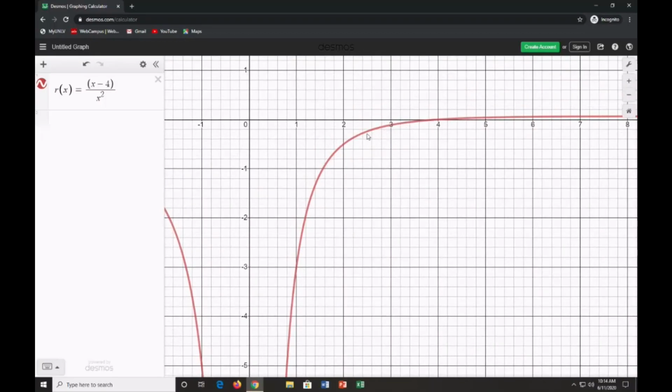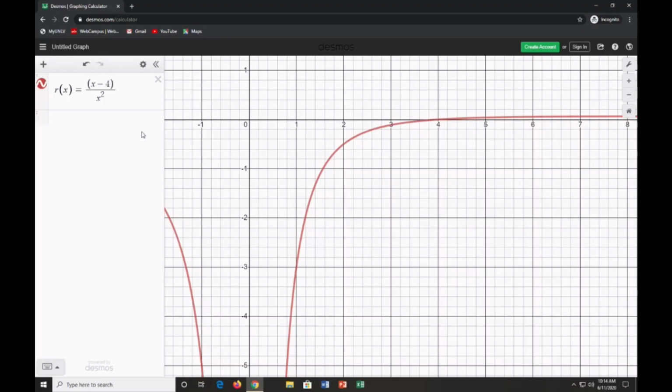This is what we were saying earlier, that the horizontal asymptote is the only asymptote that can be crossed. Not that it will be crossed, but it can be crossed. Right there, the graph of this rational function is crossing the asymptote, which is the x-axis.